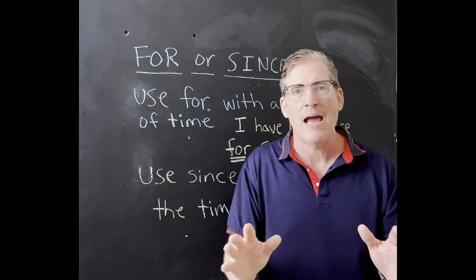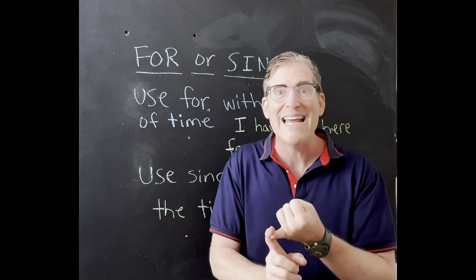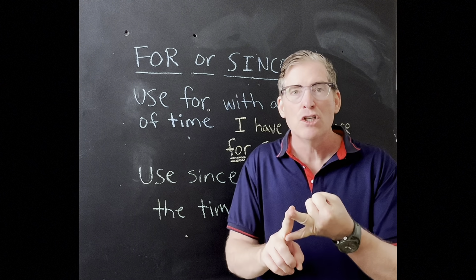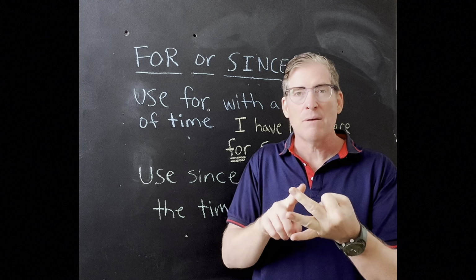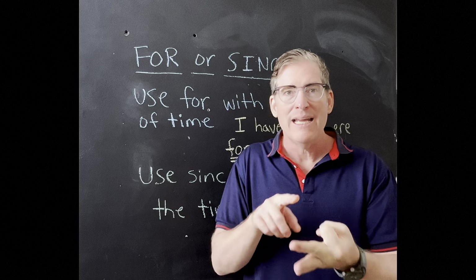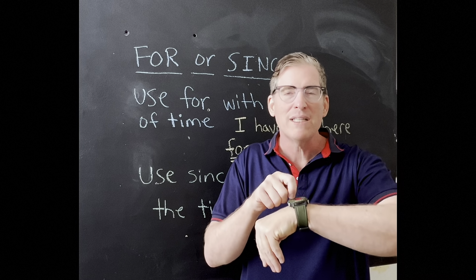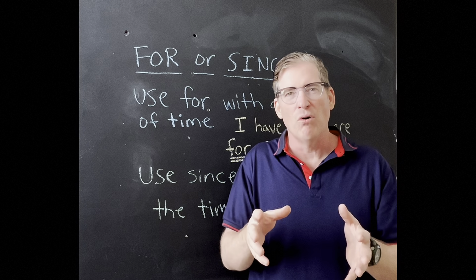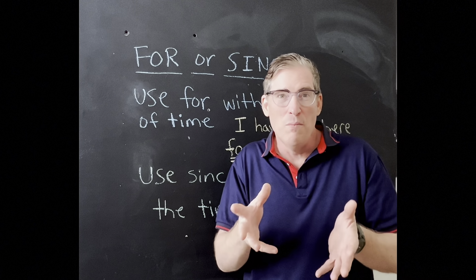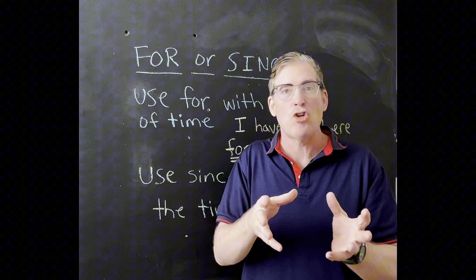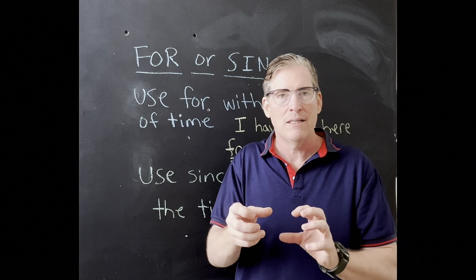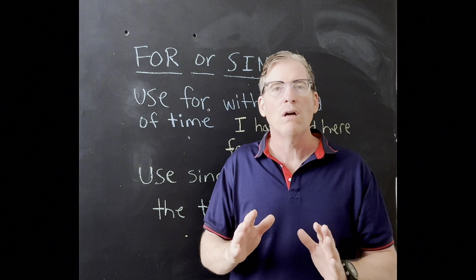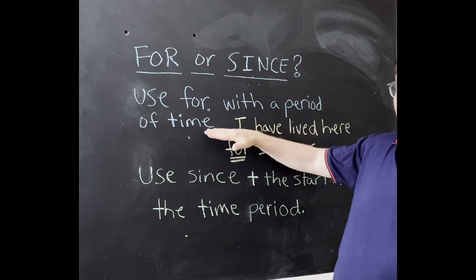That period of time could be 1 day. It could be 2 weeks. It could be 3 years. It could be 20 seconds. See, I have been talking for, about 2 minutes maybe? I have been talking for 2 minutes. So we use for a period of time.